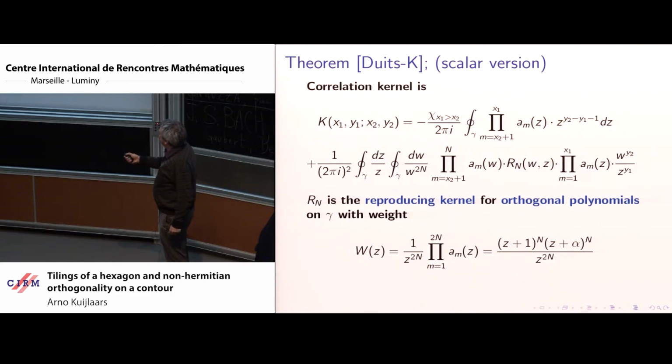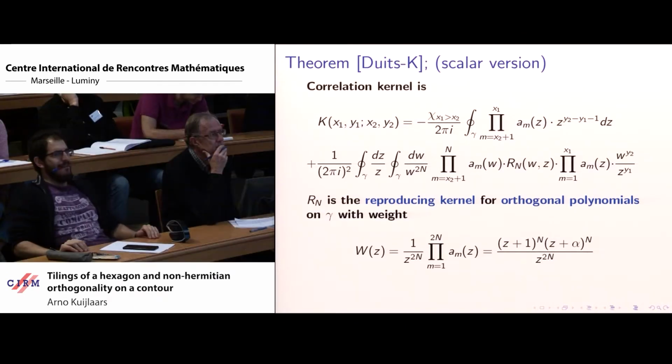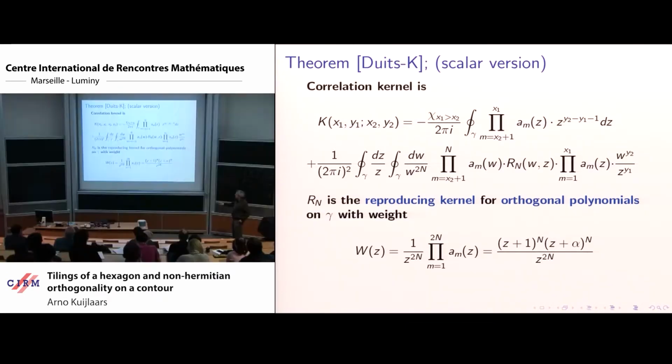So it depends on two such coordinates. And the main thing here is this double contour integral. Okay, so this gamma is some contour going around 0. So you can take the unit circle, or you can deform it because everything is analytic, except there are poles, there's a pole at 0 for both z and w.